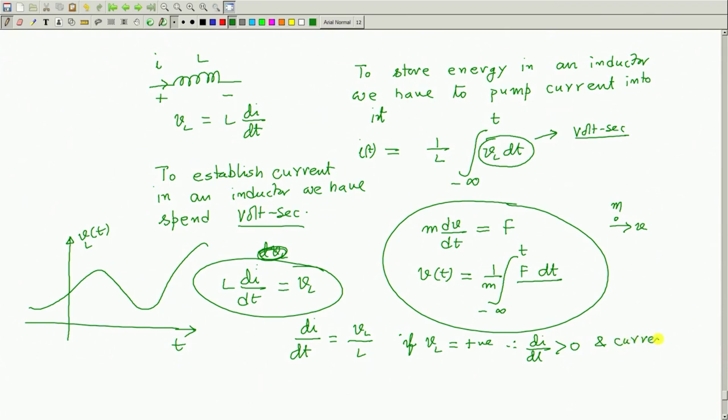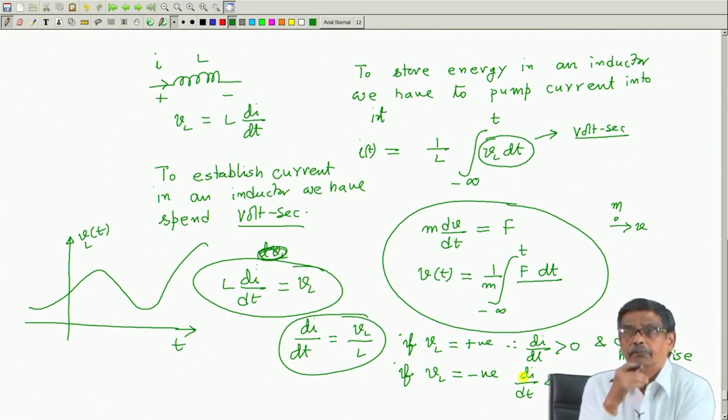I am not telling any numbers, current has to rise. On the other hand, if the instantaneous value of the applied voltage is negative, this equation tells me di/dt will be negative, then current will decrease. So, given an input voltage waveform, I will be able to tell many things without doing any maths.